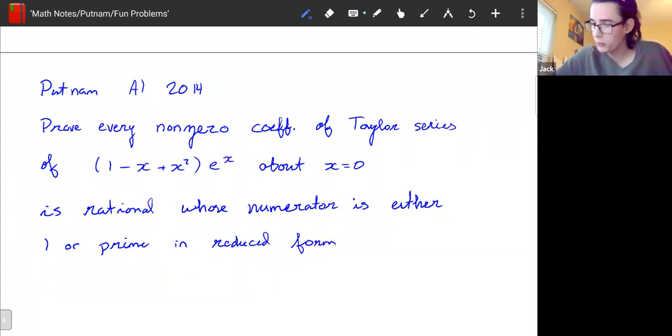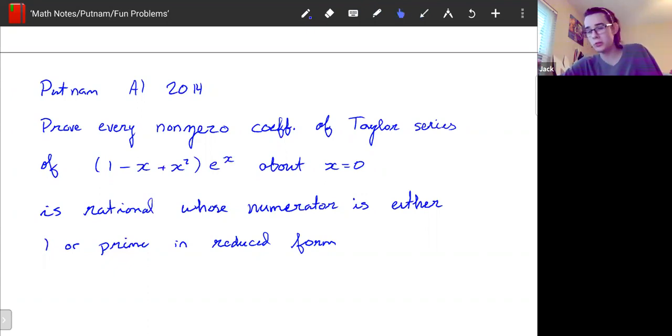So if you look at all of the coefficients for the Taylor series of this, they're all going to be rational numbers. And if you simplify that rational number to smallest terms, its numerator is either going to be 1 or it's going to be a prime number.